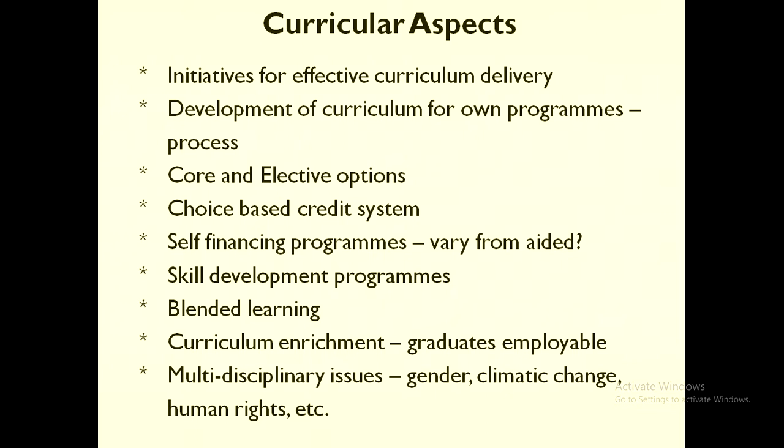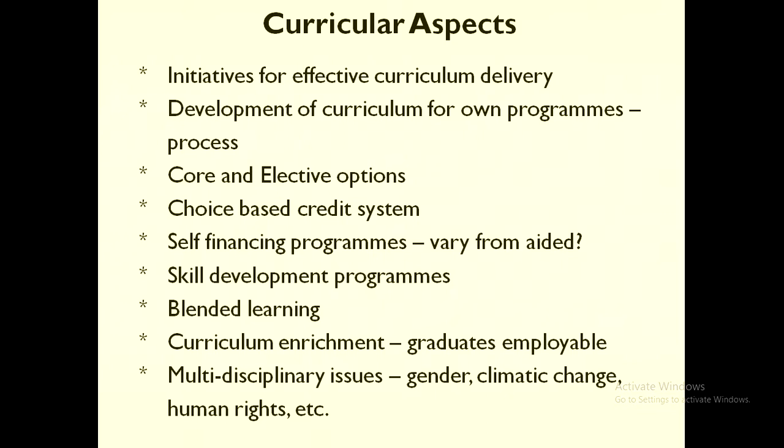whether the curriculum we are delivering or preparing is effective for our university, because the curriculum may not be the same for us as that of IIT. They have their own infrastructure, their own student strength, student quality, teacher quality. Based on that they set their curriculum, and they have their own mission and vision.